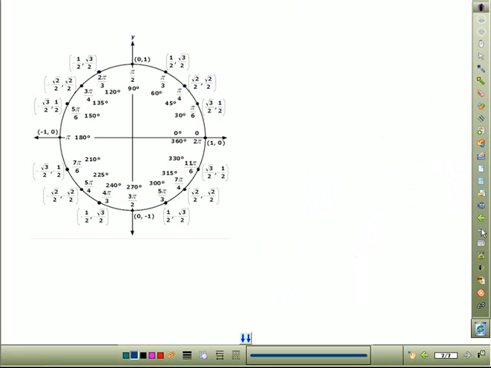I've got a unit circle up here, and let's just say we want to find the sine of 2 pi over 3. Well, here's what we do. On the unit circle, we find that angle. And it's over here. Here's 2 pi over 3. You see that? Now, we look at the y-coordinate.